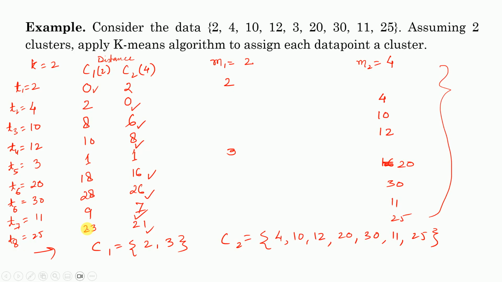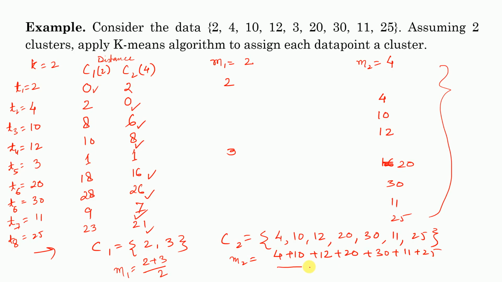Now what we have to do? Again we have to find the center of these two clusters, just like the center is 2.5, and we need to calculate the center of these points. How can we calculate? We calculate 2 plus 3 divided by 2. This is the center m1. This will be updated. Initially we had taken m1 equal to 2, m2 equal to 4, and here m2 equal to 4 plus 10 plus 12 plus 20 plus 30 plus 11 plus 25.